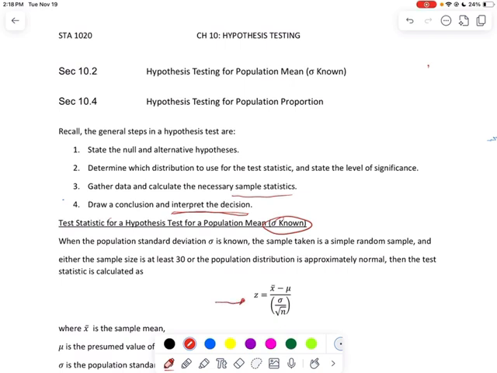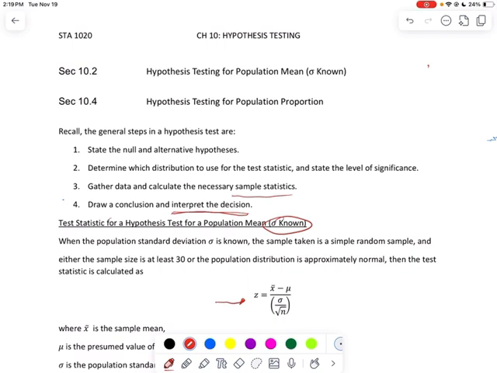There is a way to apply the hypothesis test for a population mean where sigma is not known, but we are not going to do that because it involves another formula for the test statistic and another distribution which you haven't studied in this class.